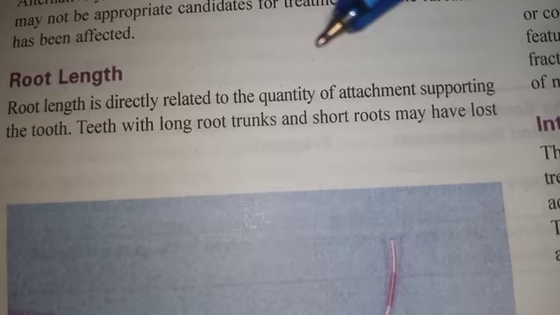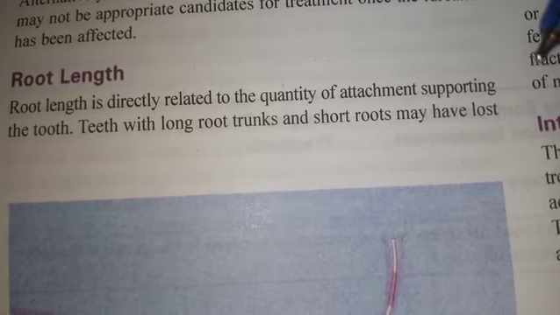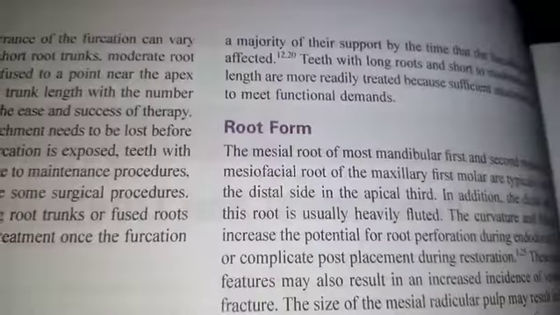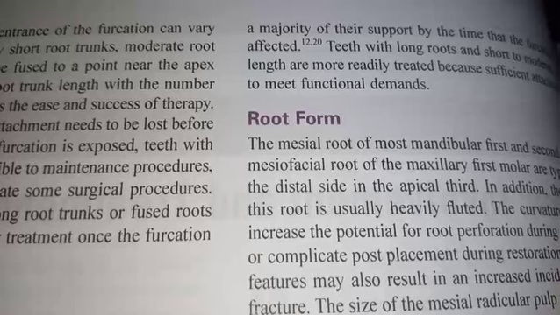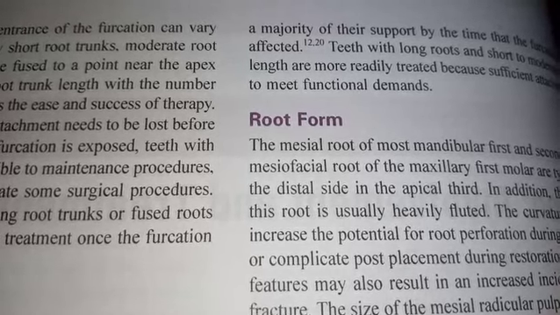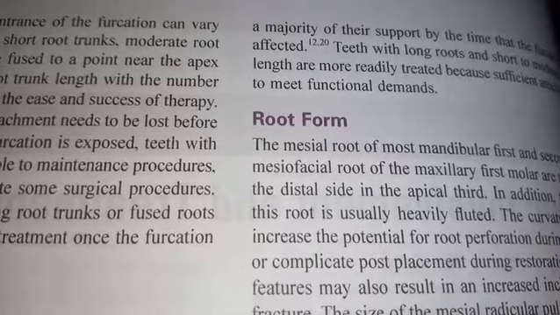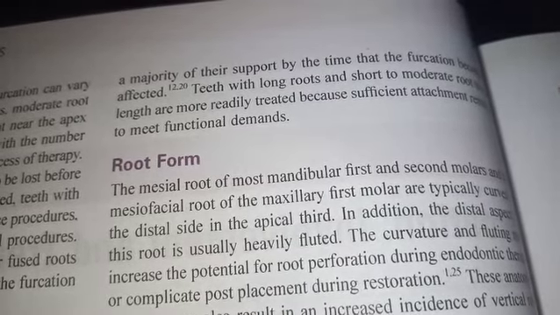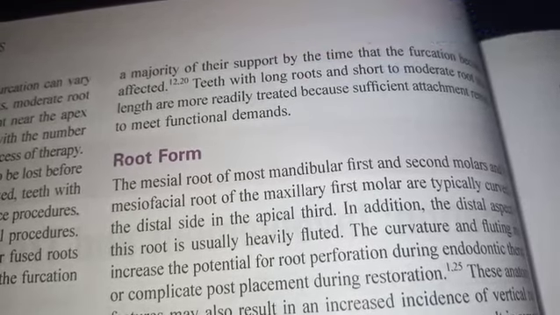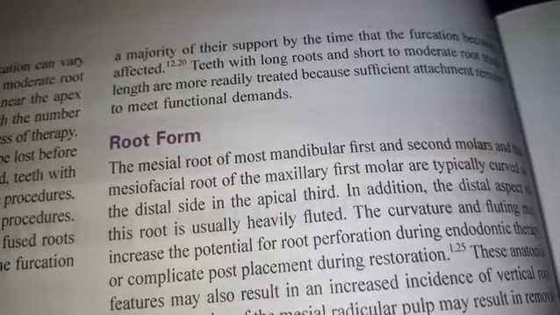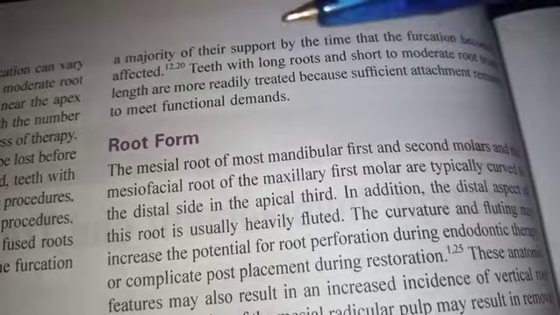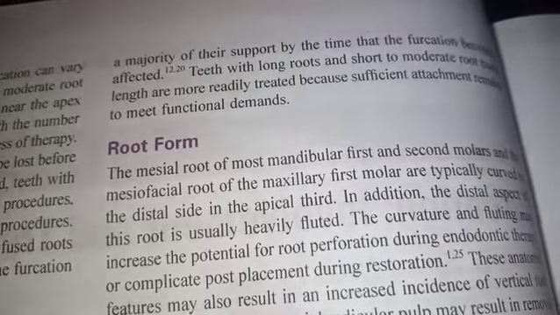Teeth with long root trunks and short roots may have lost the majority of their support by the time the furcation becomes affected. Teeth with long roots but short to moderate root trunk length are more readily treated because sufficient attachment remains to meet the functional demands.